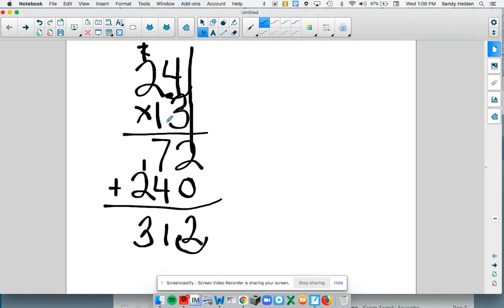If I also had a decimal here, that would be 1, 2, and then my decimal would go there. If I had instead, let's see if I can erase it without getting rid of all of it.